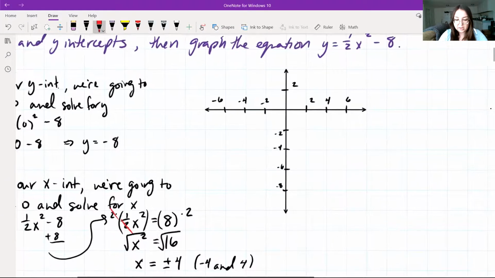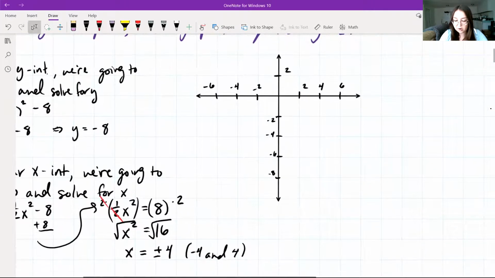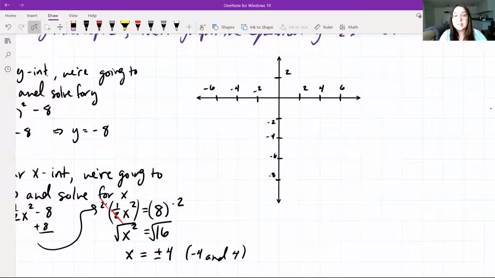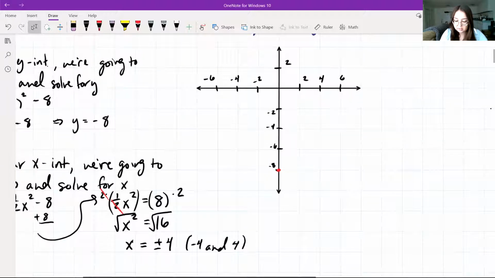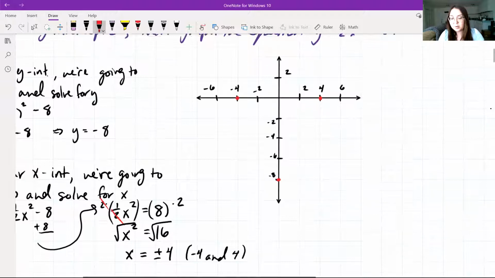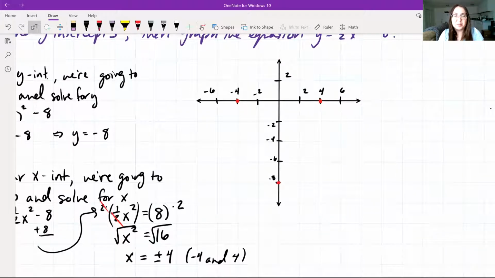If we want to graph our y-intercept, we know that y is equal to -8, and we see -8 there, so we'll put a point there. Then we know that our x-intercepts are going to be negative and positive 4. So we can fill in those spots. We can pretty much guess the general shape of a parabola, and so we can just connect each one of these dots with a smooth curve.